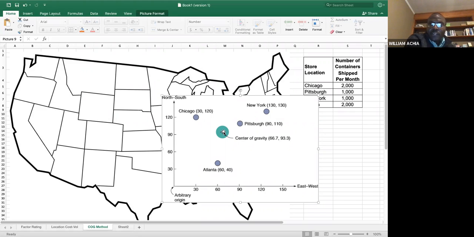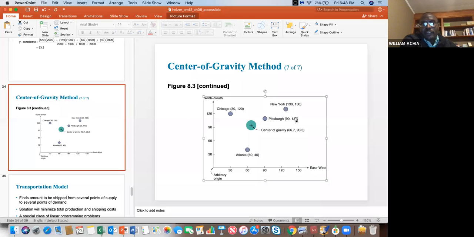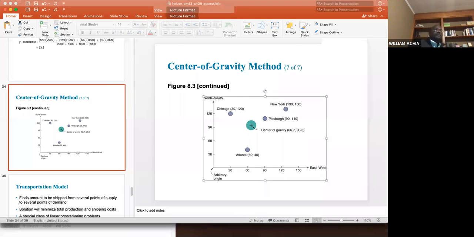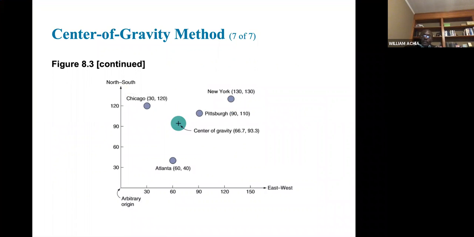Okay, so it's still a great approach, especially for distribution management, to try and come up with facility locations that best serve multiple locations. So that's the third approach that we have, and it's a pretty good and decent approach to determining where to set up a facility.